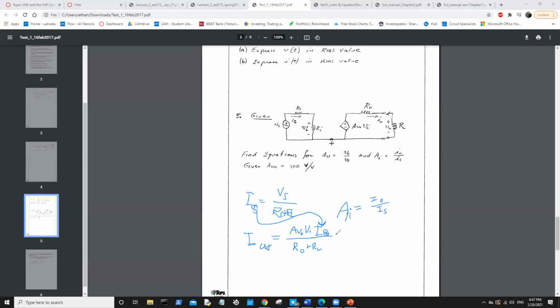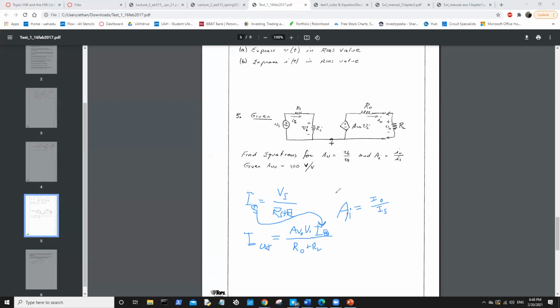What I did is I just did a good old KVL equation. AVO times VI minus IO, and then in parentheses, RO plus RL. And then from that, I just got, because of how, wait, hold on, did I just lose something?